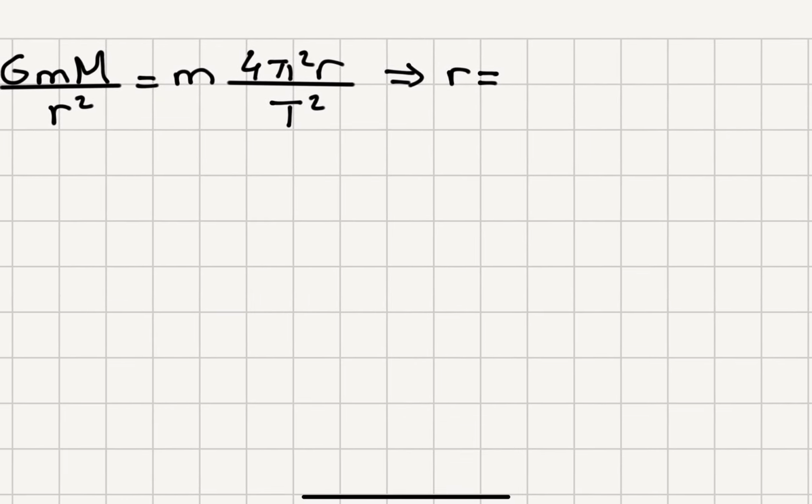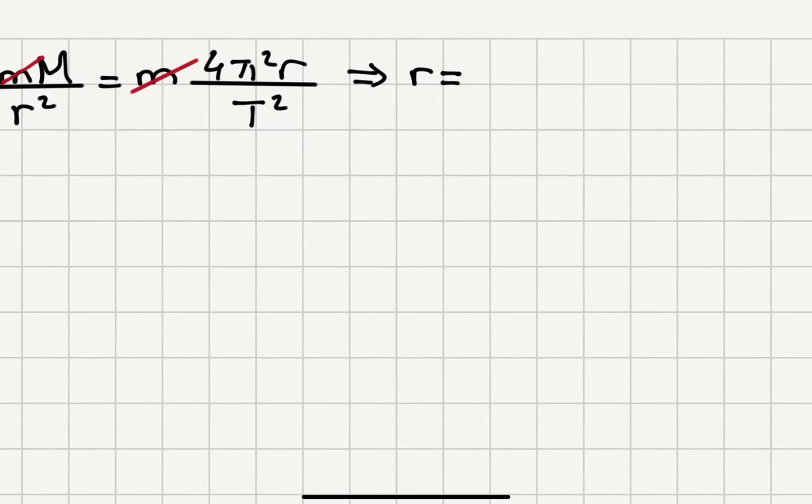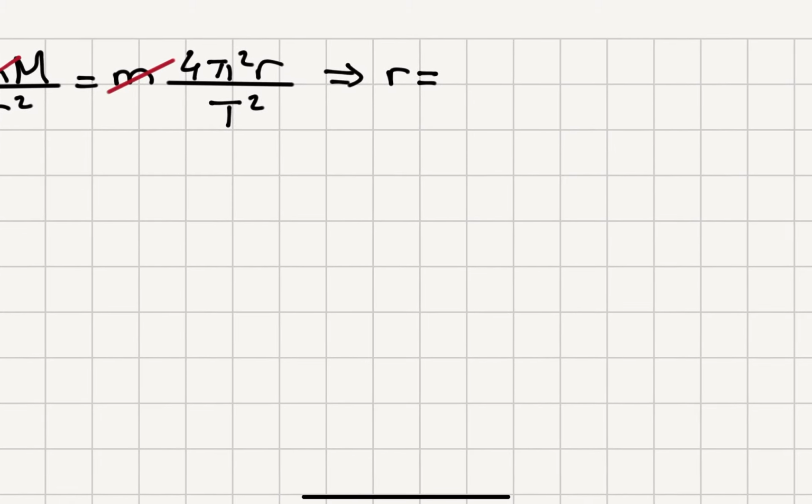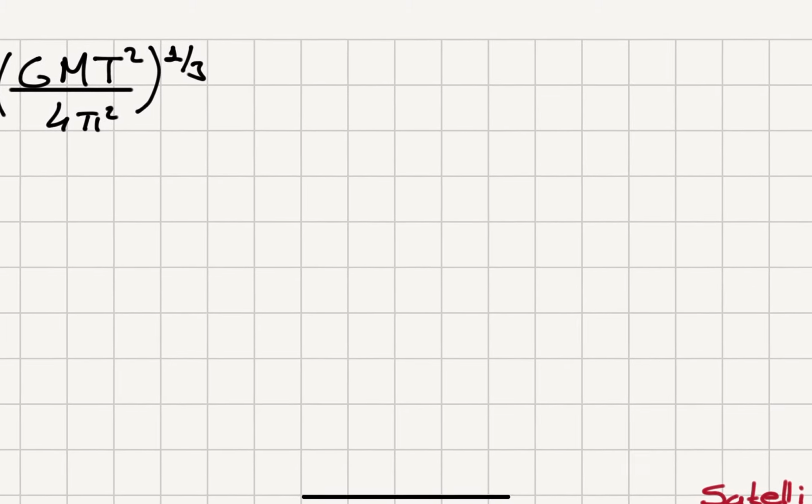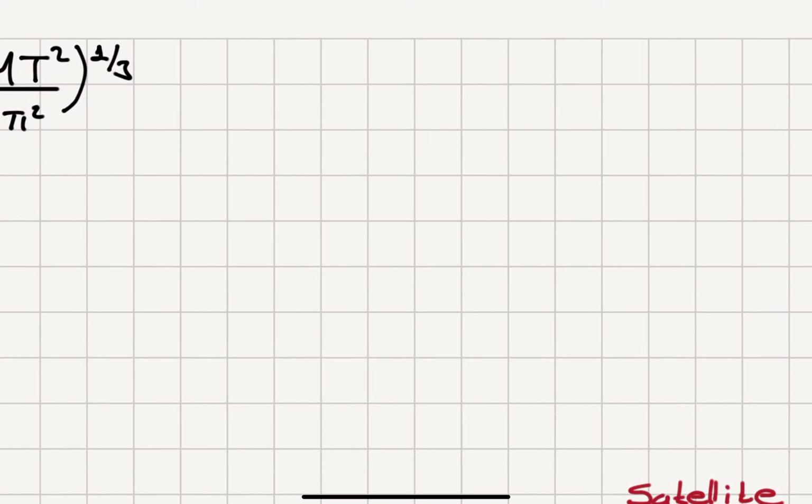The masses cancel, this m will get rid of this m. So the radial distance from the center of the Earth is G M T squared, G times mass of the Earth times T squared, divided by 4 pi squared, to the power 1/3.